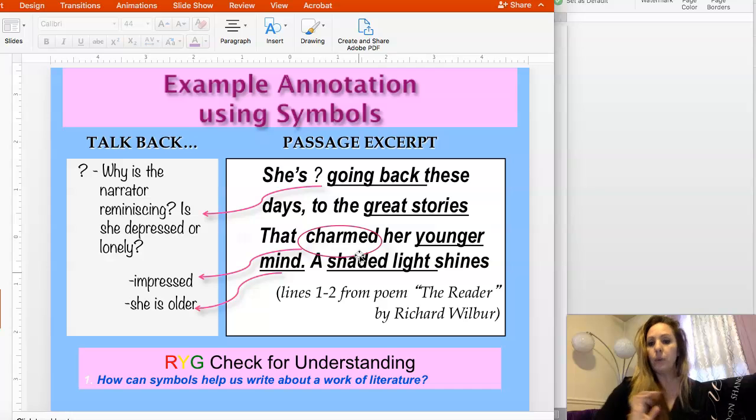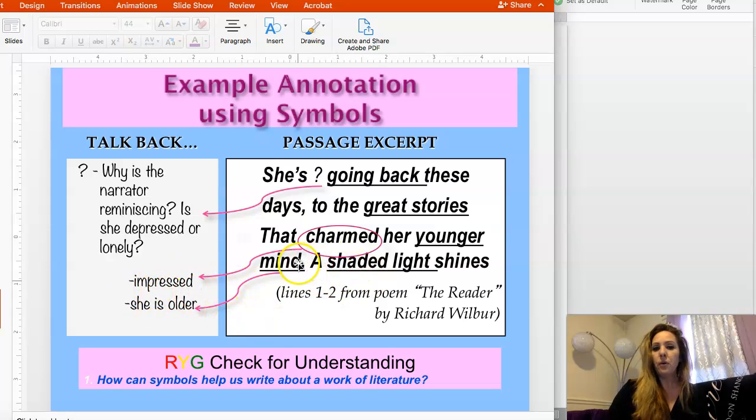So I might cover it with my finger and try to reread the word with a blank and sort of replace that blank. So that blank, her younger mind. And so I'm like, well, I think that sounds like that impressed her younger mind. I know it should be something positive that's happening for her. And so I could jot what I'm thinking there.